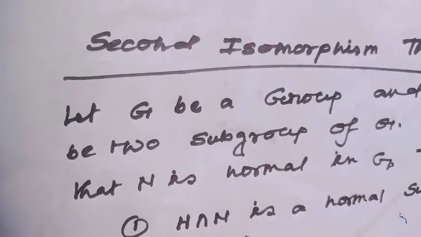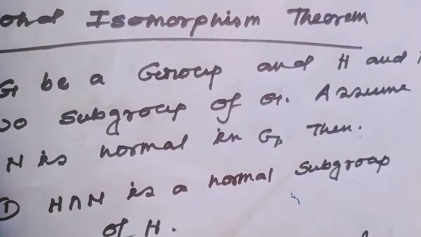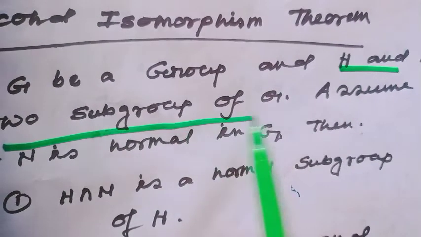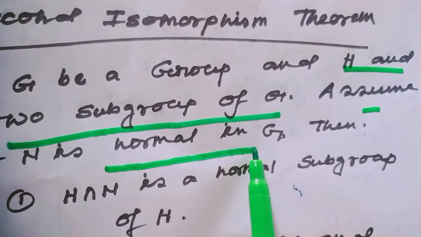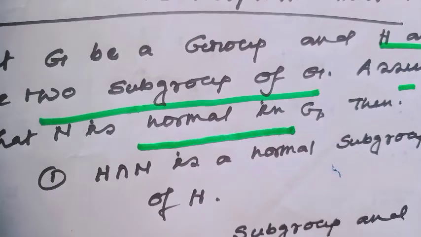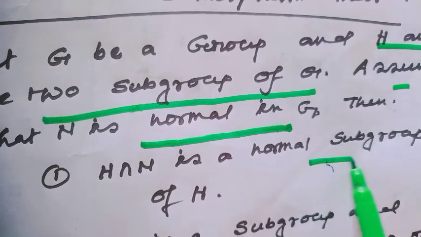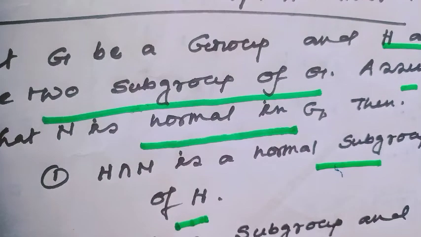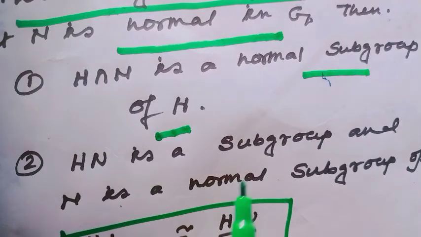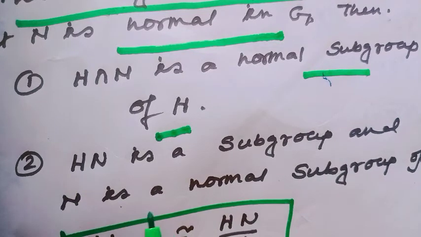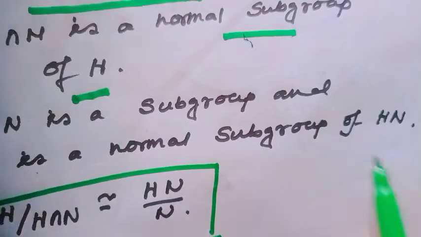In group theory, just recall: G is a group, and S and N are two subgroups of G, and assume N is a normal subgroup. Then their intersection S intersection N will be a normal subgroup of S, we all know. And second, their product SN is a subgroup, where N is a normal subgroup of this product SN.